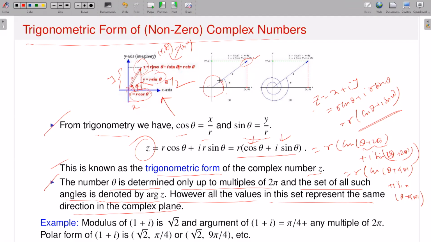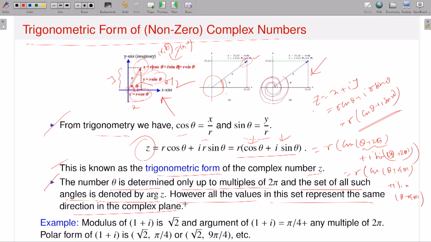So first I take this angle, then one rotation of 2 pi, then again another rotation of 2 pi. You just rotate it, and you will have the same complex number and the same direction, but your argument will be a set. So you can take theta, theta plus 2 pi, theta plus 4 pi. That is exactly what I have written. However, all the values in this set represent the same direction in the complex plane.